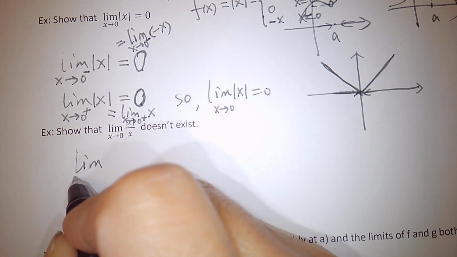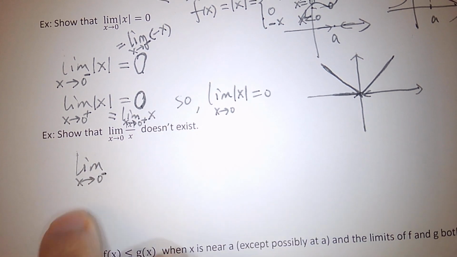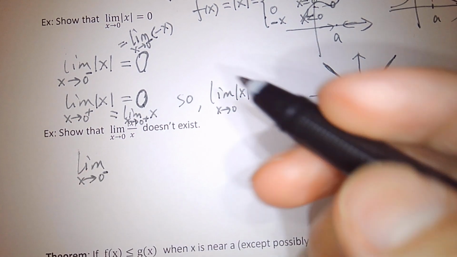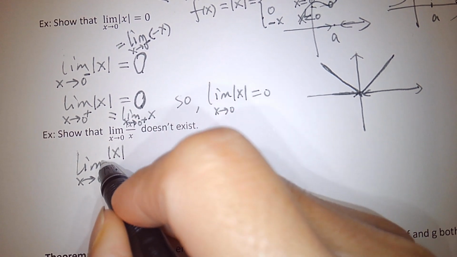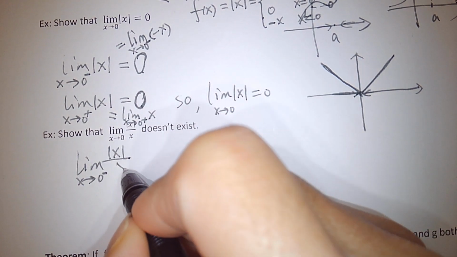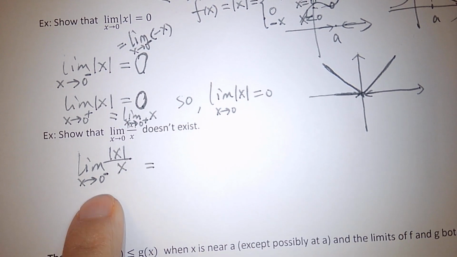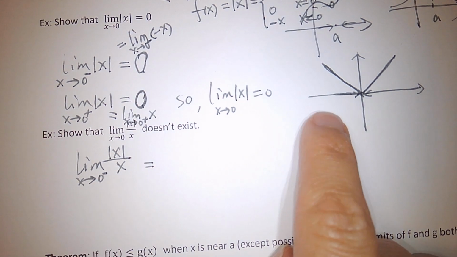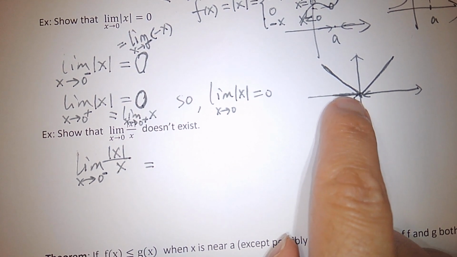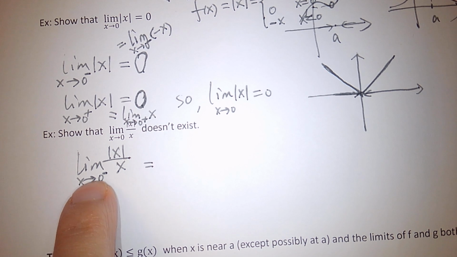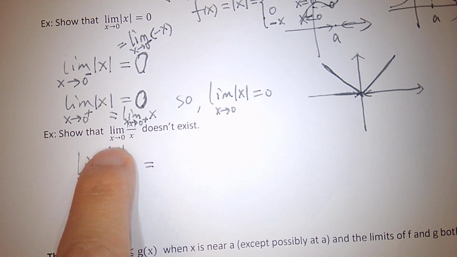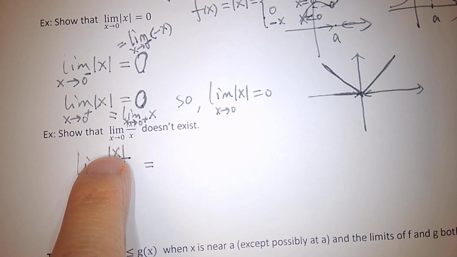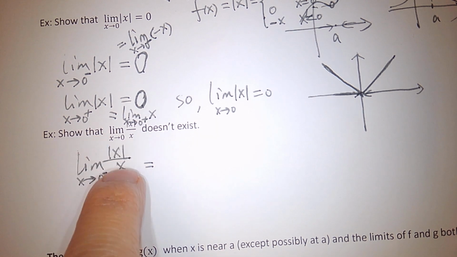Just like Simon just said, we use the mathematical way to do it. We know when x approaches 0 from the left, x must be less than 0. If x is less than 0, how do we get rid of the absolute value sign?